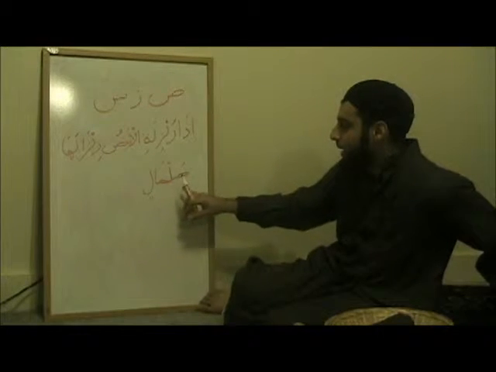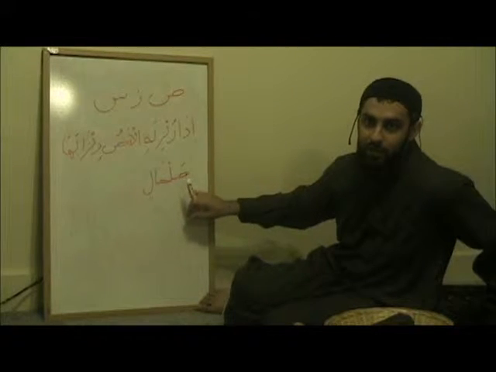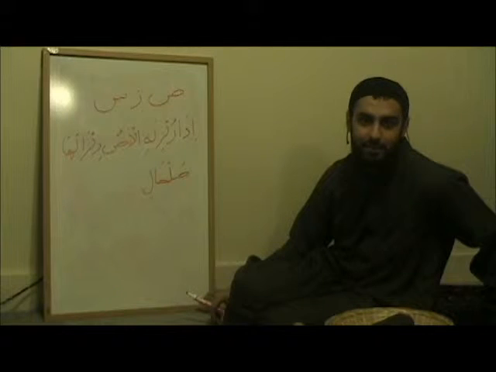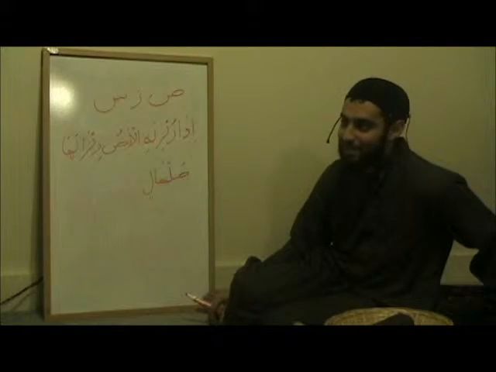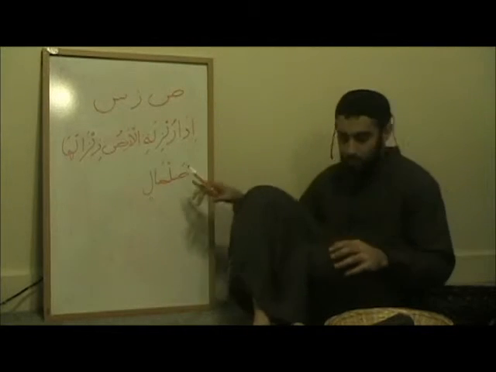Now this is going to be tricky. The reason it's tricky is because the lam is thin, so you're going to go from thick to thin to thick to thin. Sol, solin. That's how my mouth is supposed to move. So we'll do thick and thin.